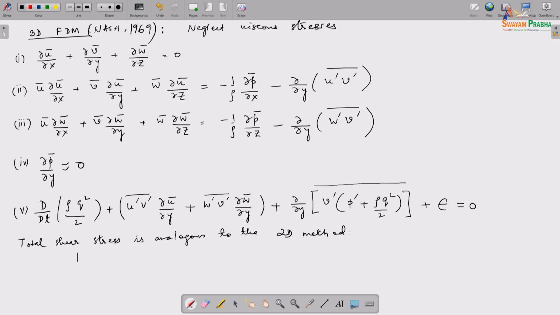That is, total is equal to, so essentially tau xy and tau zy.